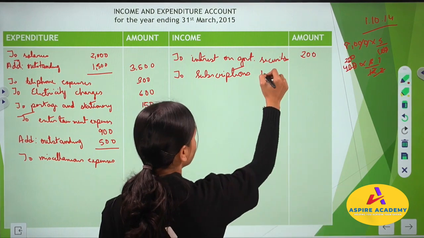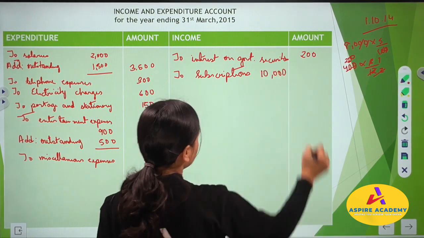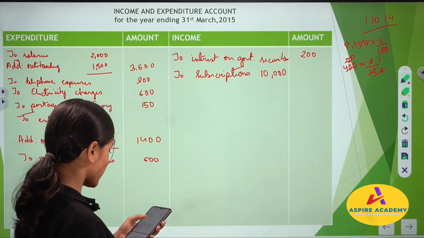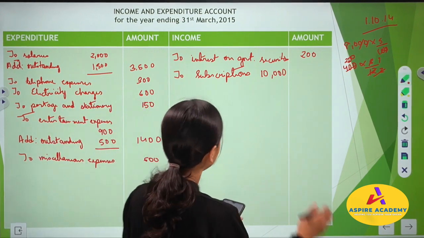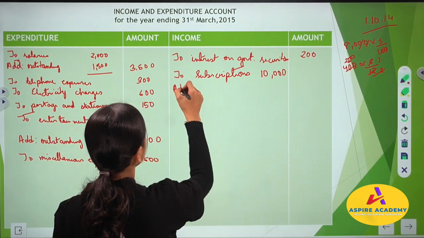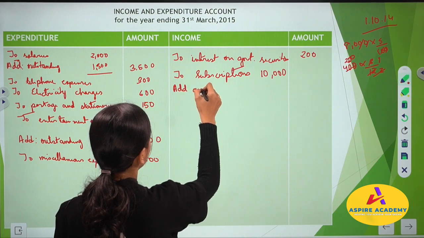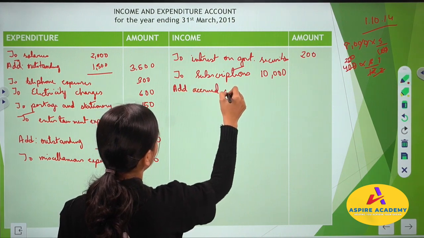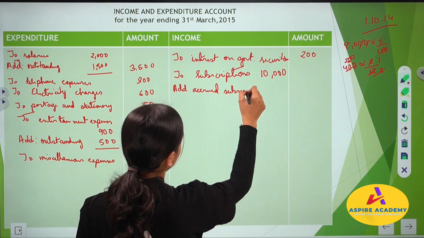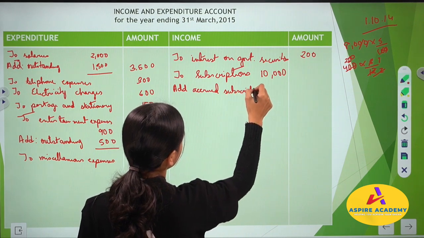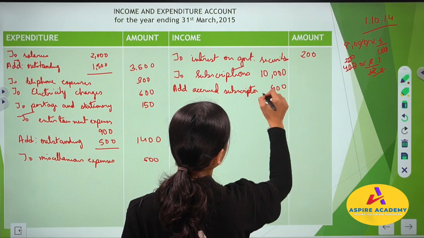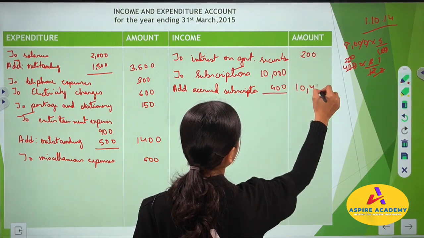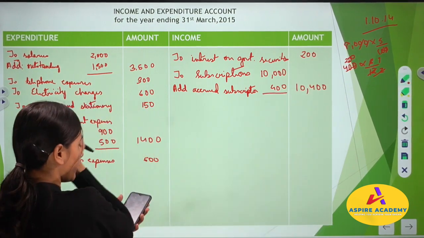The amount was 10,000. Then there was one accrued subscription that would be added, the amount is your 400. So the total amount is 10,400.